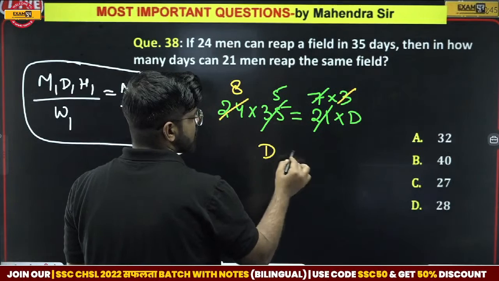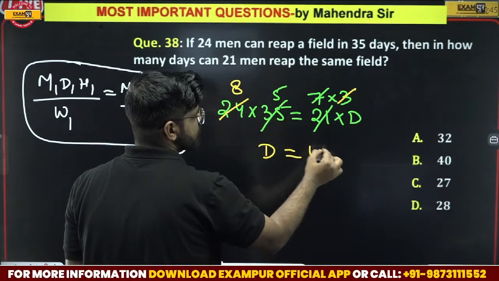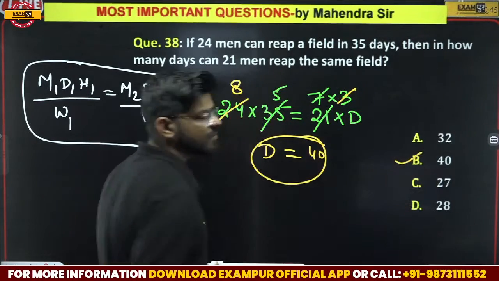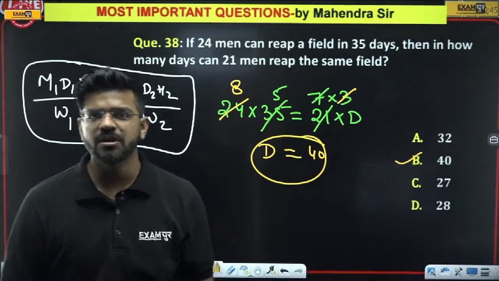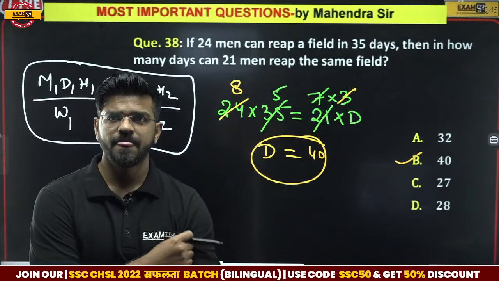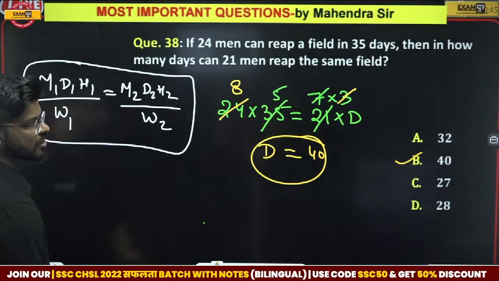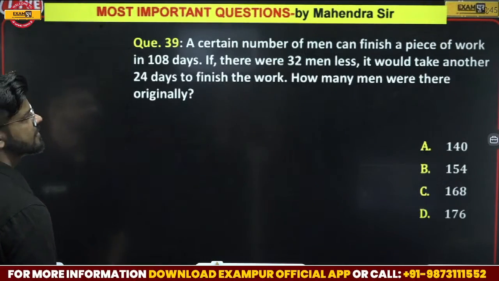Now D will be 8 into 5, that means 40. Option number B is my right answer. Clear to everyone?